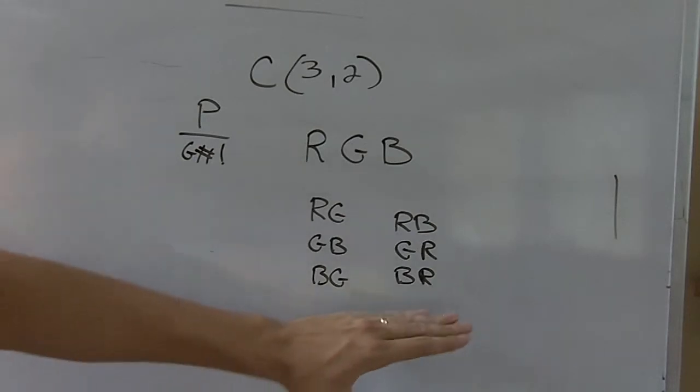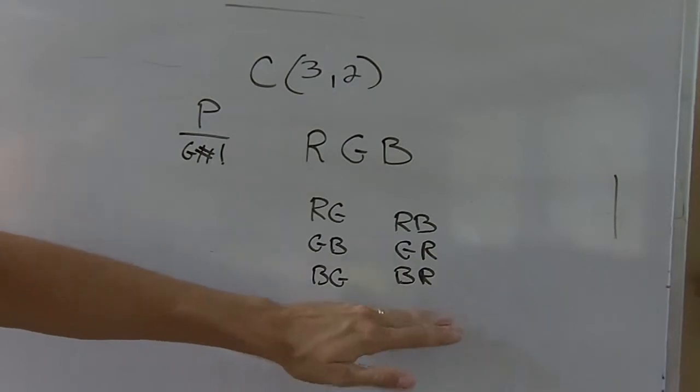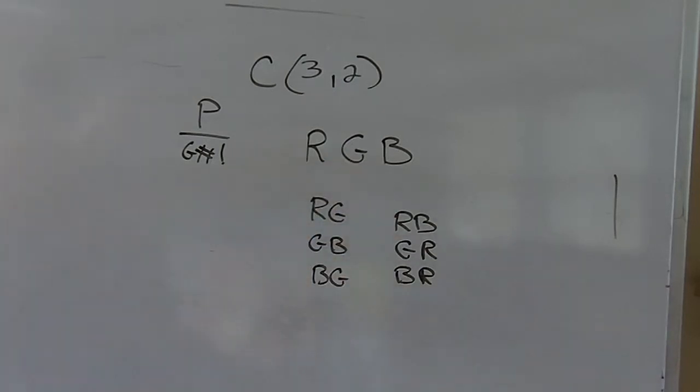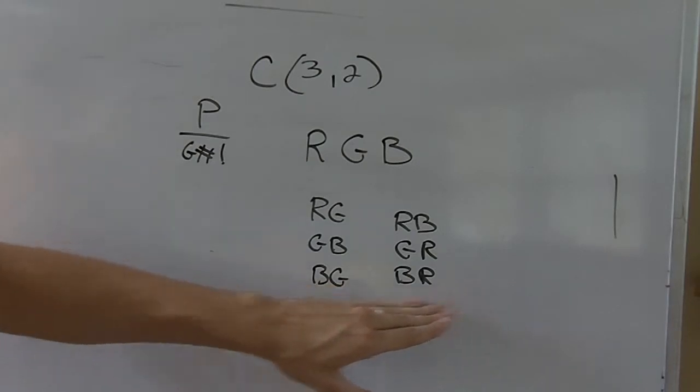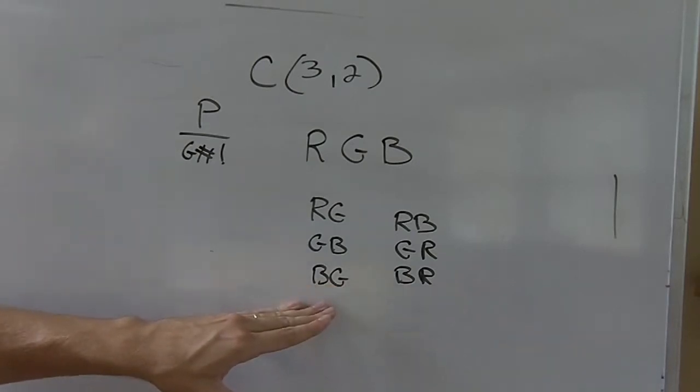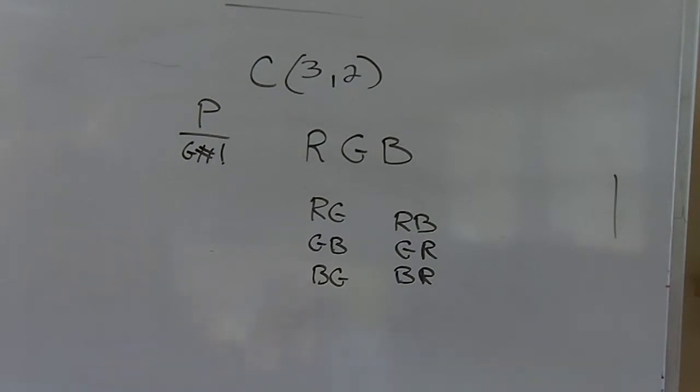There's no other group of 2 with these 3 letters that I could make. There's nothing else that I can put in this list that uses R, G, or B as a group of 2 that would be different than what I already have up here. So that's what the permutations does for you. It gets you all the different possible listings.